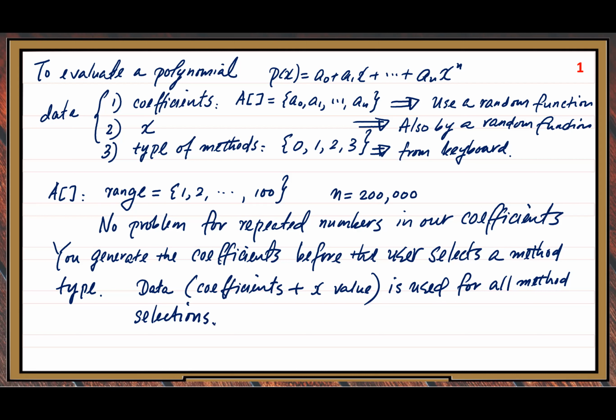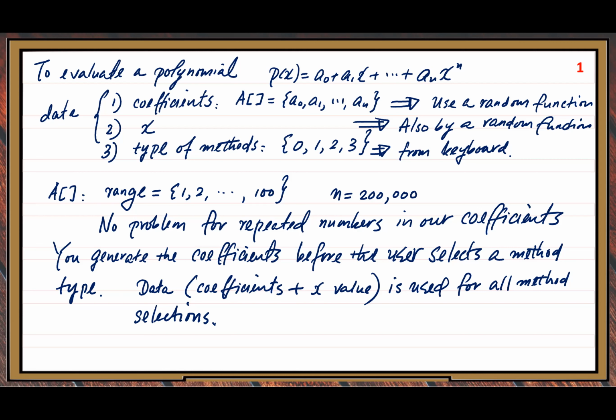So the situation is like this. When you run the program first, before you ask anything from your users, you generate the data first, the coefficients and the x value.